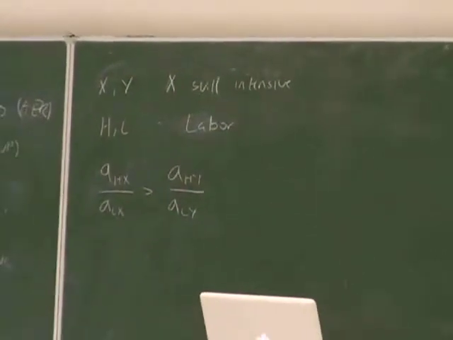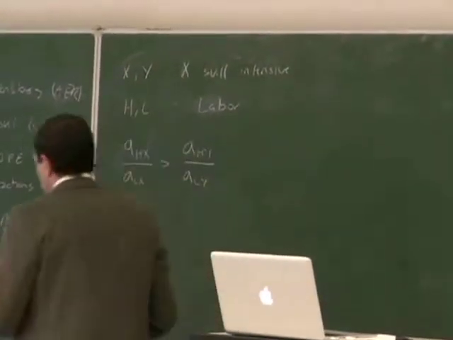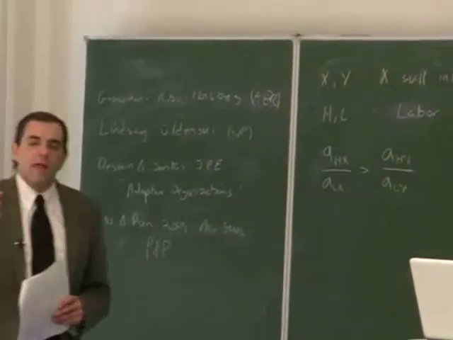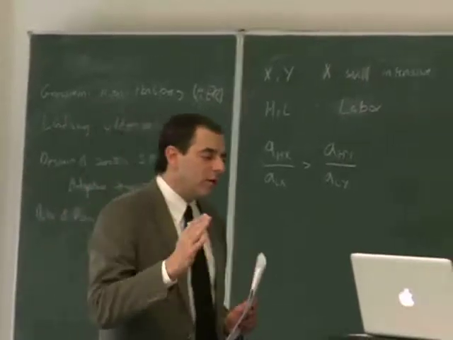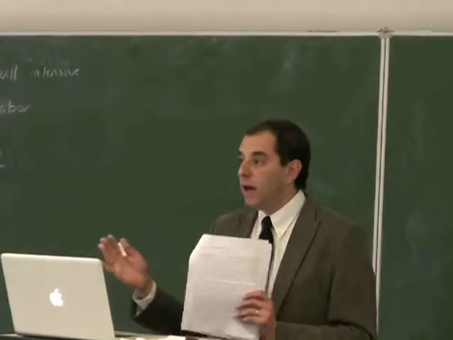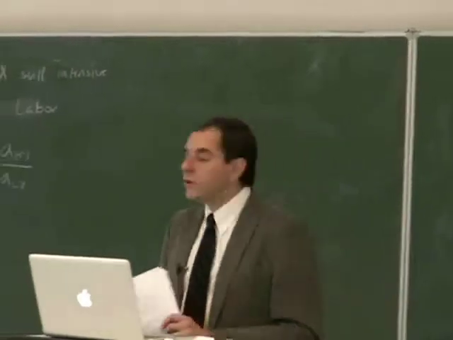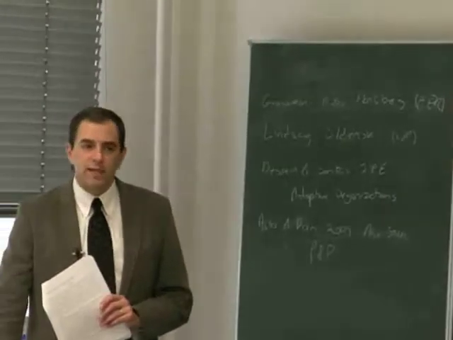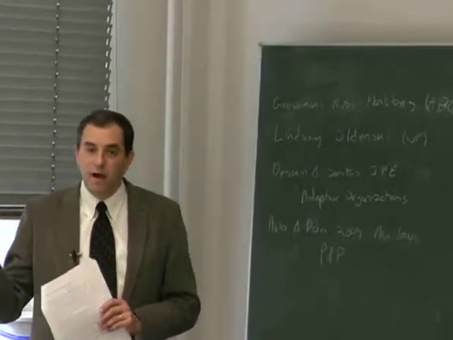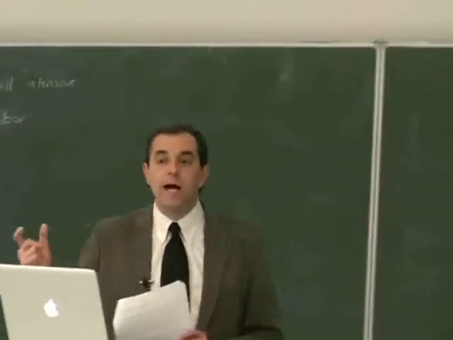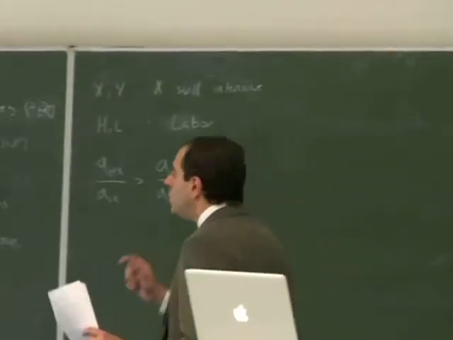And now what they want to do is model the breakdown of production processes across countries. So they're going to assume that in each sector, for each type of labor, there's a continuum of tasks, of measure 1. So each type of labor does 1 unit of tasks.